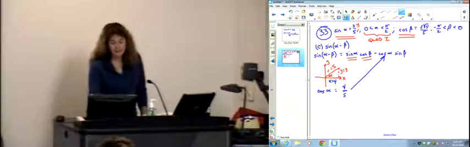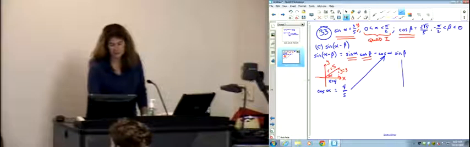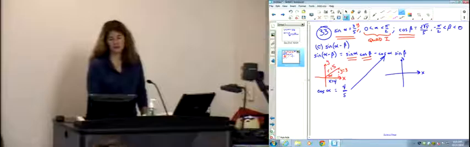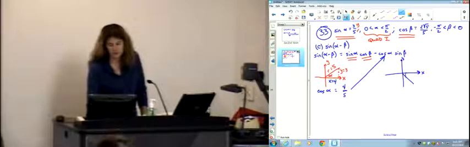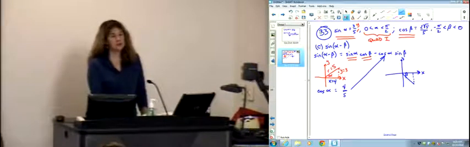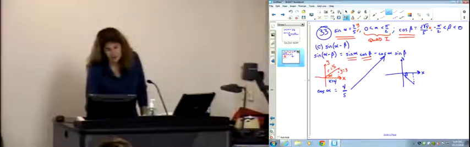Now we also need the sine of beta. So let's draw a picture about beta here. Angle beta, where's that going to be? Fourth quadrant, right. All right, so the cosine we know is 2 square roots of 5 over 5, and cosine is x over r.